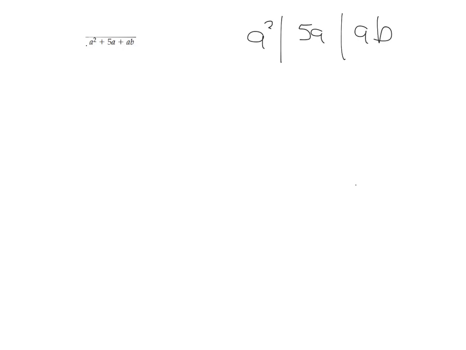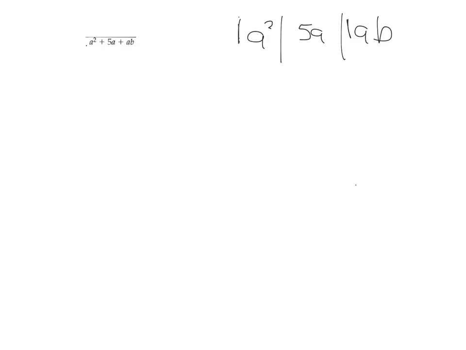I separated that so you can get a better idea of what we're doing. I noticed that a squared, 5a, and ab, there is no constant or coefficient. And remember there's an invisible 1 here and an invisible 1 here. There's no number that I can divide 1, 5, and 1 by other than 1.